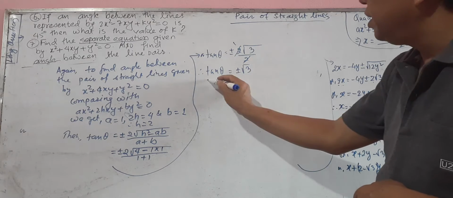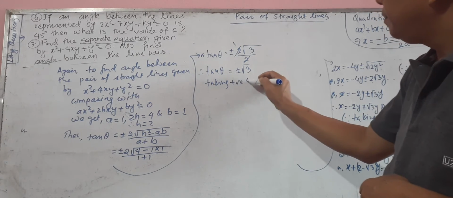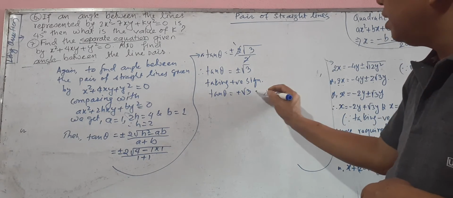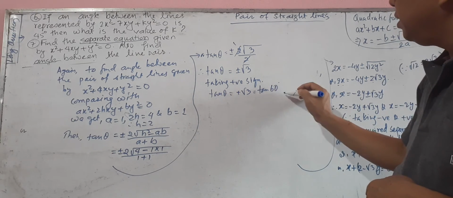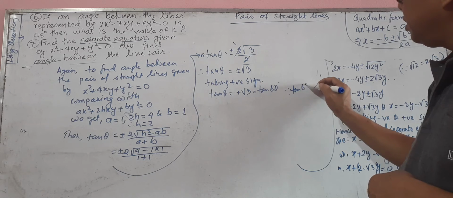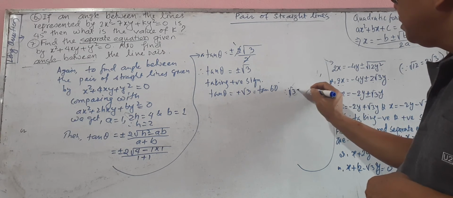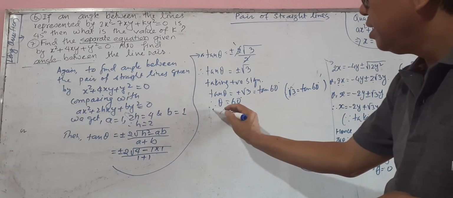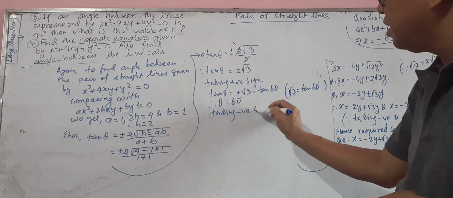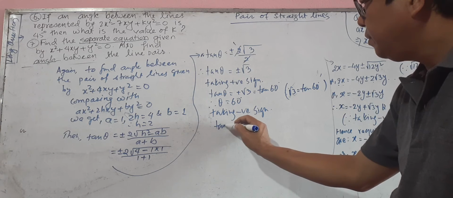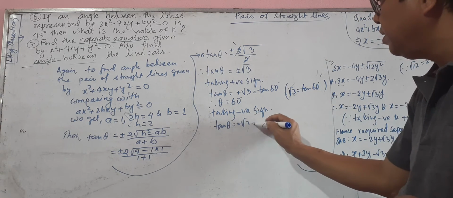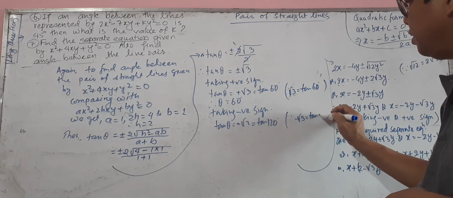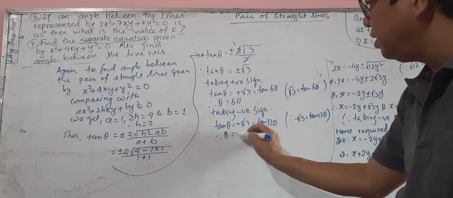First we find the acute angle, taking the positive sign: tan theta equals plus root 3, and root 3 is tan 60 degrees, so theta is 60 degrees. Now taking the negative sign, tan theta equals minus root 3, which equals tan 120 degrees, so theta is 120 degrees.